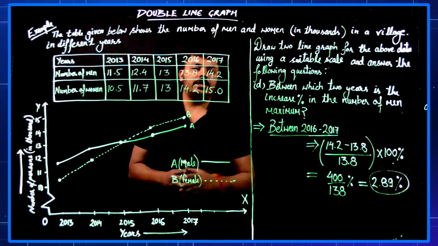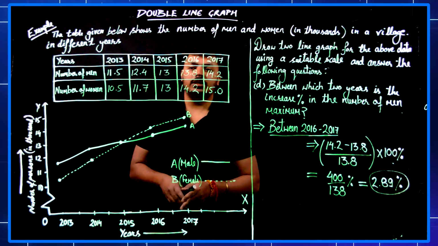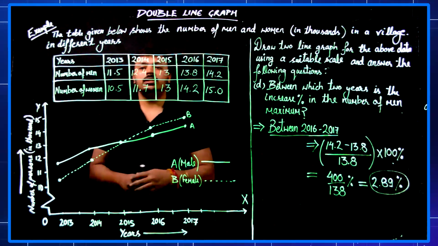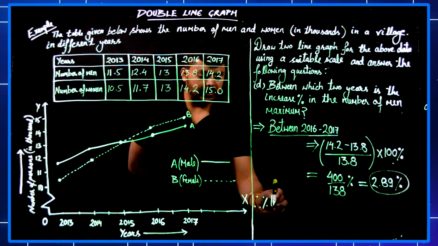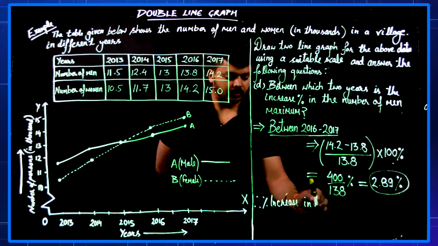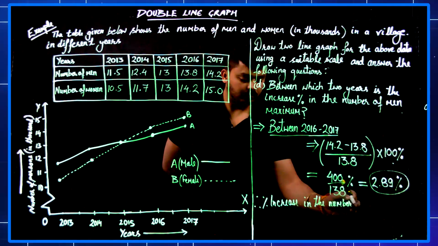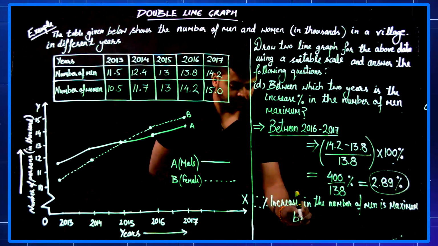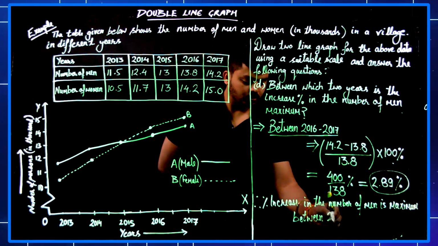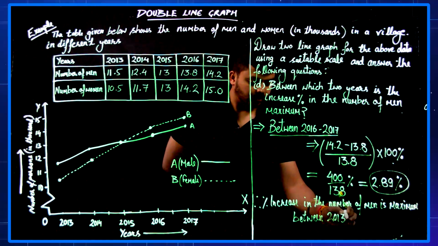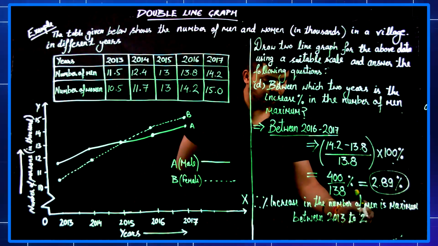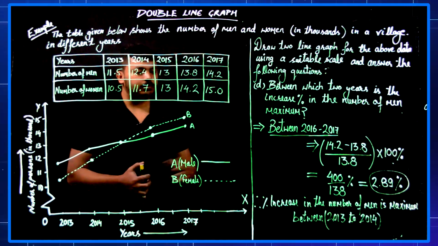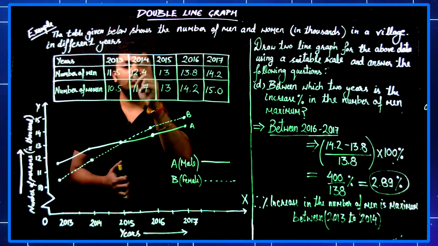And as we have calculated all the increase percentages, the maximum increase percentage in the number of men is between 2013 to 2014.